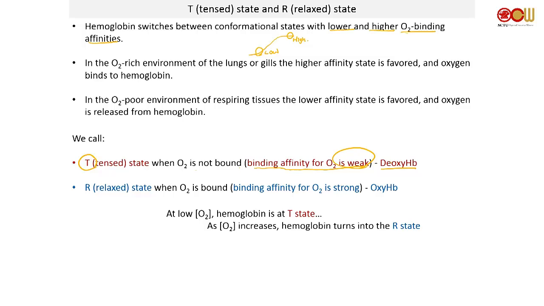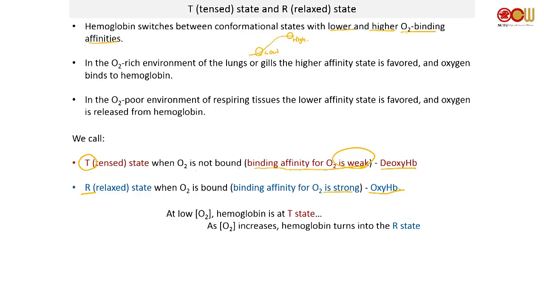On the other hand, you have the R state, the relaxed state, when O2 is bound, and the binding affinity for O2 is strong. This is oxyhemoglobin. So we have T state, deoxyhemoglobin, low affinity; R state, oxyhemoglobin, high affinity.